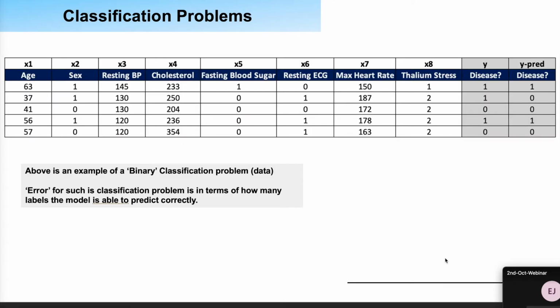So we take a worked out example. This is our sample input data in solving a classification problem. So we have a disease detection problem here. So, what is the case? The case is we have a clinic that has patients' data, and for each of the patients we have the age and sex and resting BP value and cholesterol value and fasting blood sugar value, resting ECG value, etc. So all these are x1, x2, up to x8, a set of features which are our predictor features in the input data set.